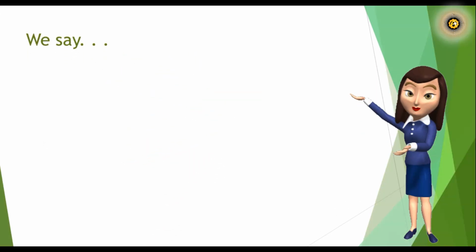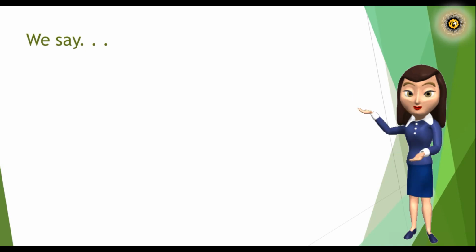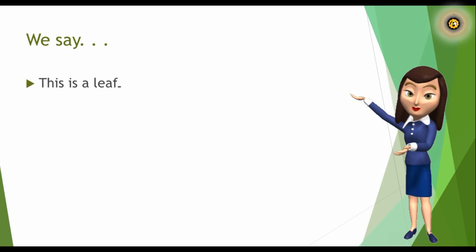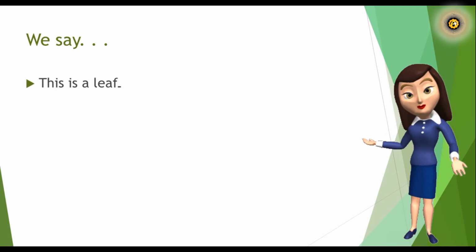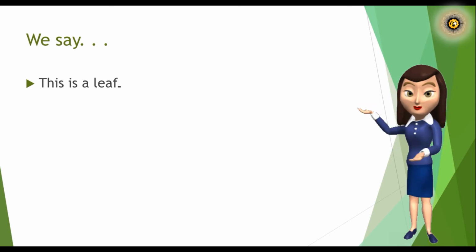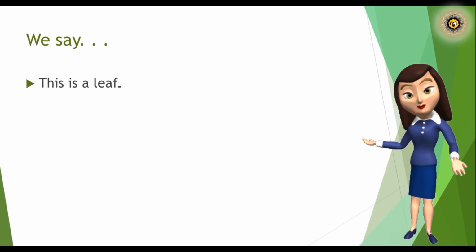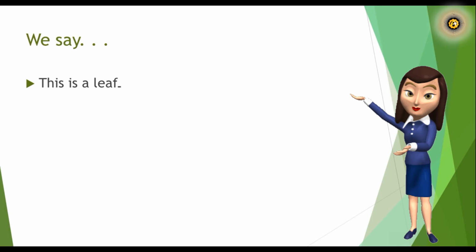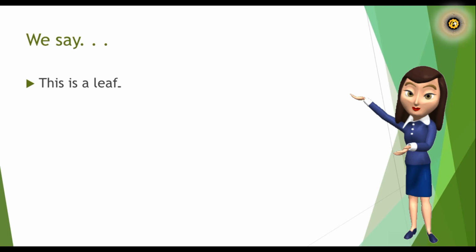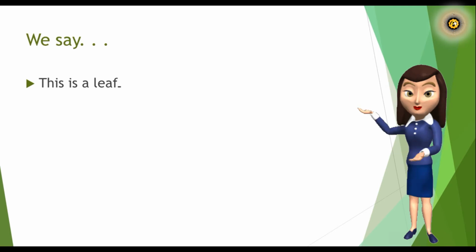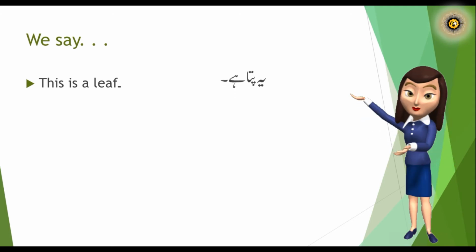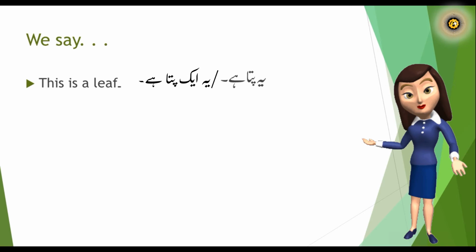Okay, so here let's learn some sentences. In English we say, this is a leaf. I hope you remember that when we are pointing at something close to us, we say this, and in Urdu it is ye. So if there is one leaf, in Urdu it is ye patta hai or ye ek patta hai.